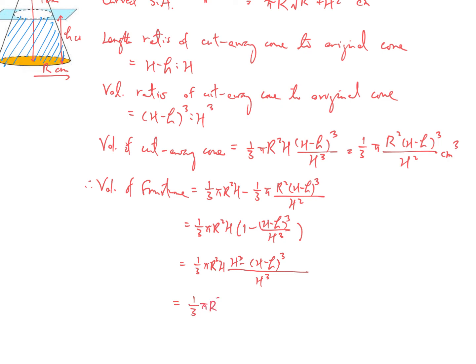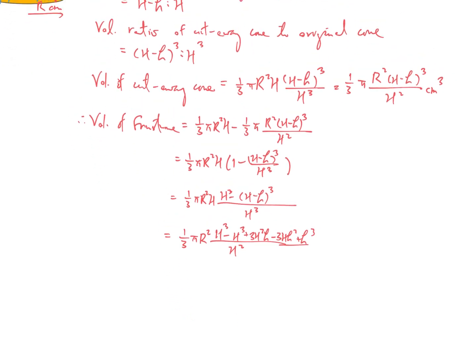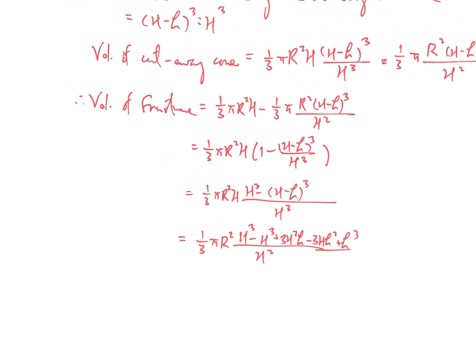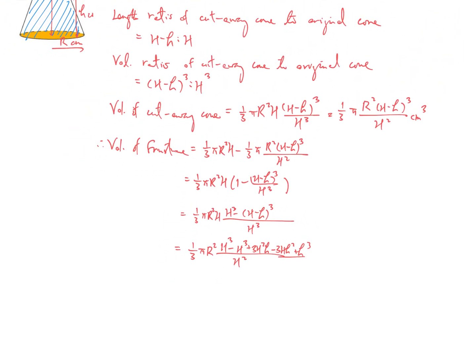Well, let's cancel one of the H. Okay, and H cubed minus bracket (H minus h) cubed. We'll expand this one: H cubed minus H cubed plus 3H square h minus 3H h square plus h cubed. So this would equal, what's wrong? So this would equal 1 over 3 pi R square.